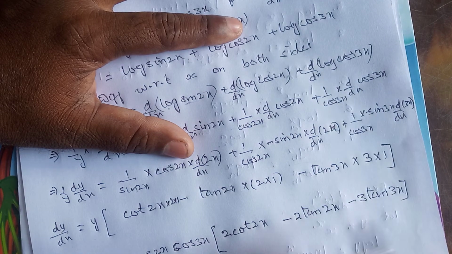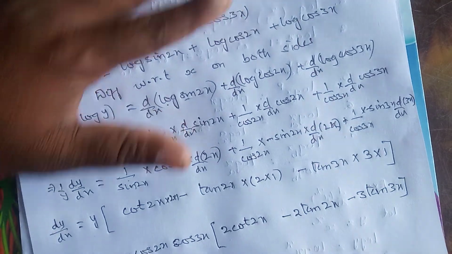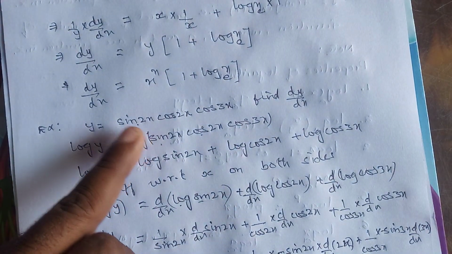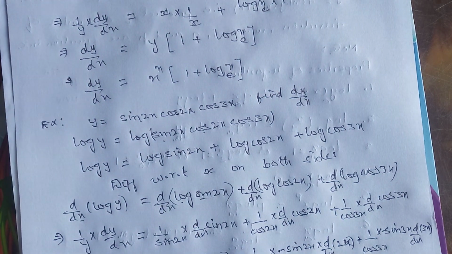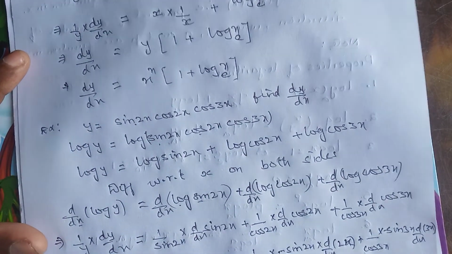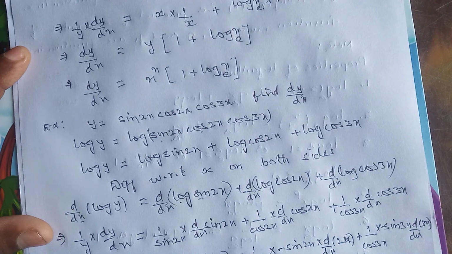So this is the value of dy by dx whenever the product has more than two terms. You can use the log and differentiate. So these are the logarithm methods to find the differentiation of the given function.